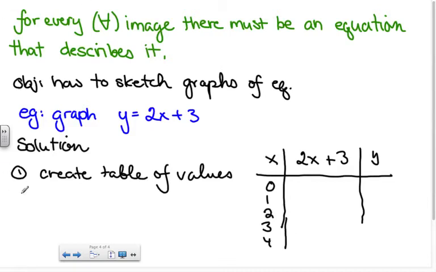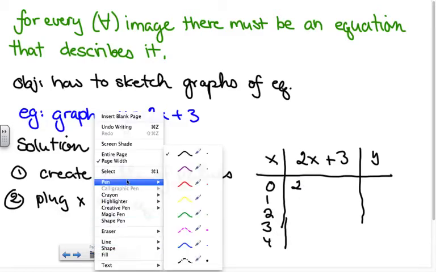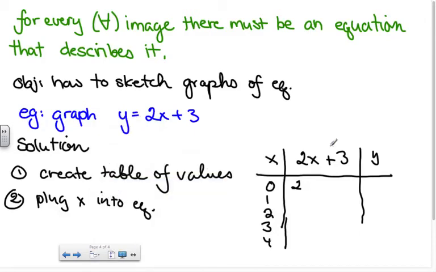The second thing we do is plug x into the equation. Wherever you see x, you put the numerical value, in this case 0. 2 times 0 is 0, plus 3 is 3. And then, of course, same for the rest: 2 times 1 plus 3, 2 times 1 is 2, plus 3 is 5, and so on.